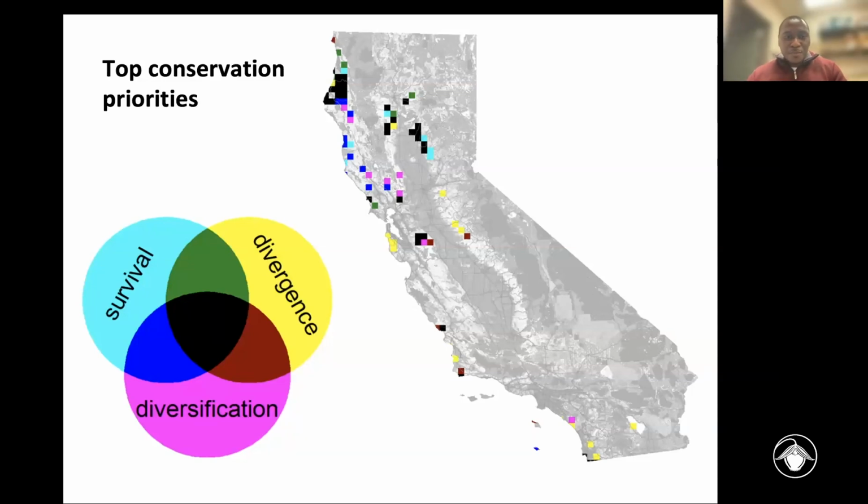And then areas in pink represent areas where we have concentrations of lineages that have higher diversification or net diversification than expected. And then we see the union of all of those represented in black.